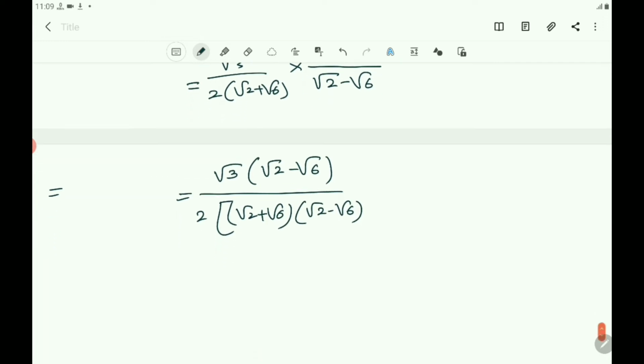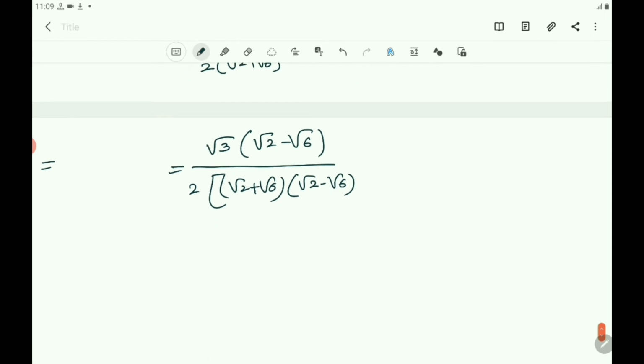This is in the form of (a plus b) into (a minus b). Then you multiply this and this, this and this. You will get root 3 into root 2 is root of 3 into 2, minus root 3 into root 6 is root of 3 into 6. That by 2 you write as it is.